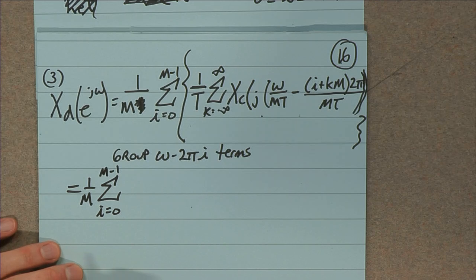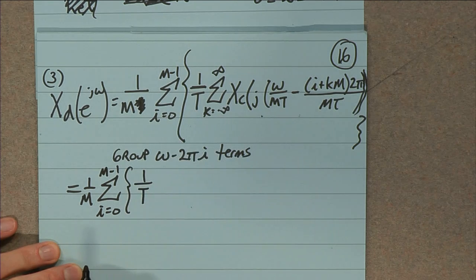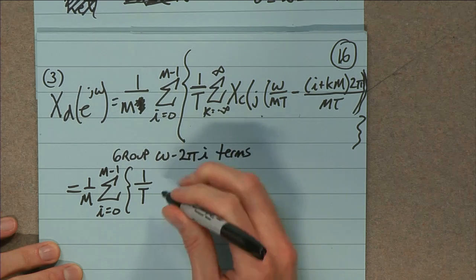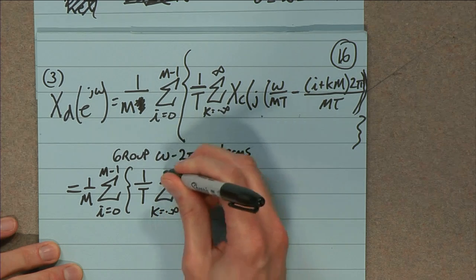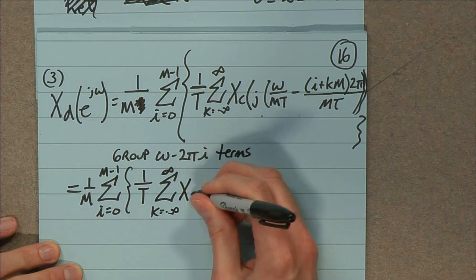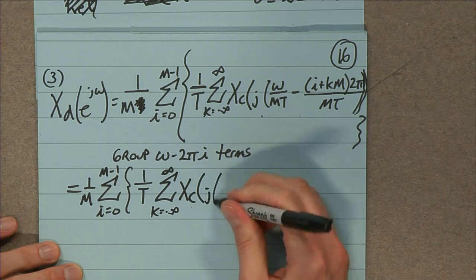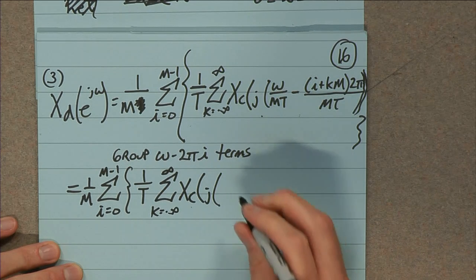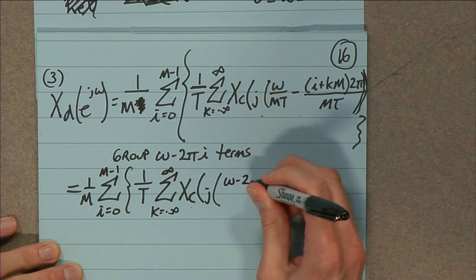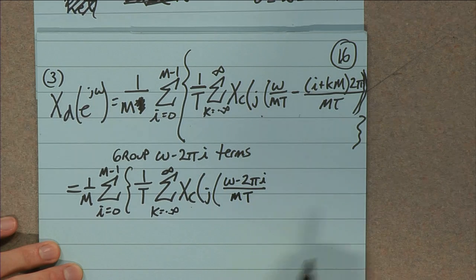M minus 1 over T, and now we've got Xc of j, omega minus 2 pi i over MT. And what does that leave us?